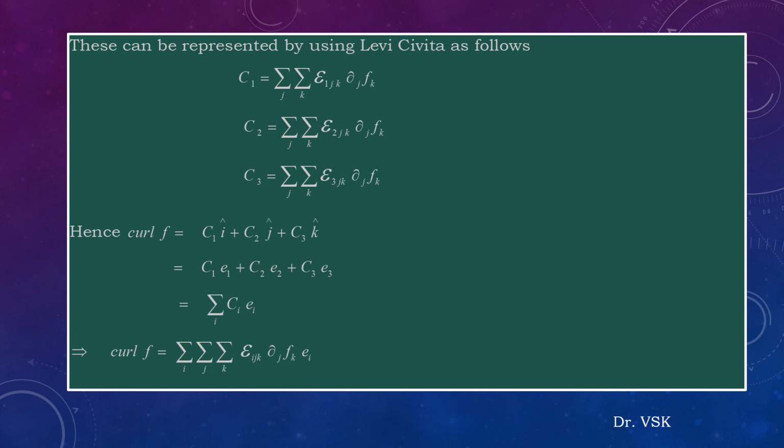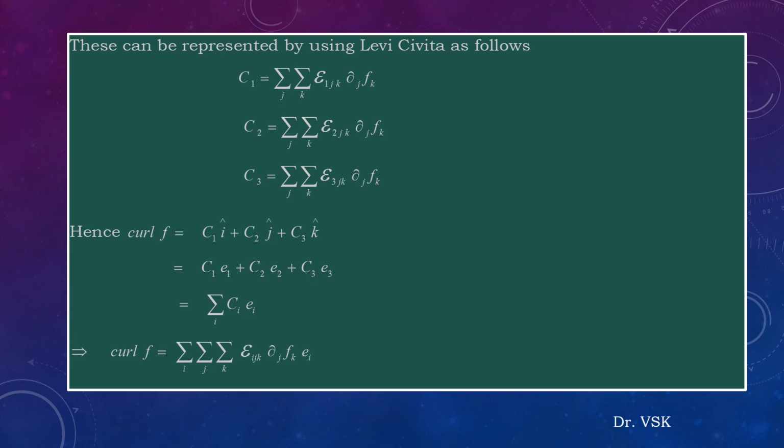Here, because 1 repeats twice, epsilon sub 11k equals 0. So epsilon sub 11k ∂1 Fk equals 0. So the first term vanishes. We are left with 2 terms only.